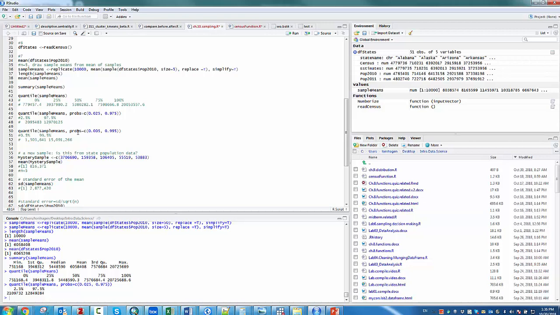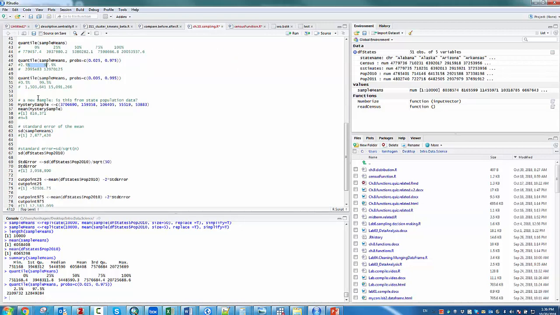And so why do you create a quantile? You want to compare the mean of a new sample, to see whether this new sample mean is within this quantile range, to make an inference whether or not this new mean was created from a sample of the population.